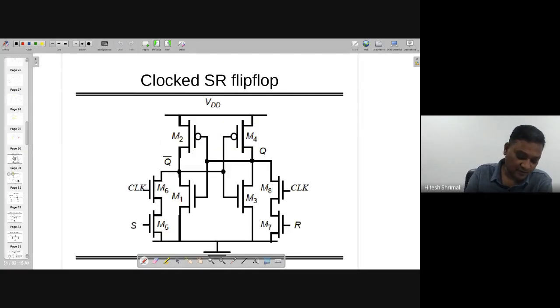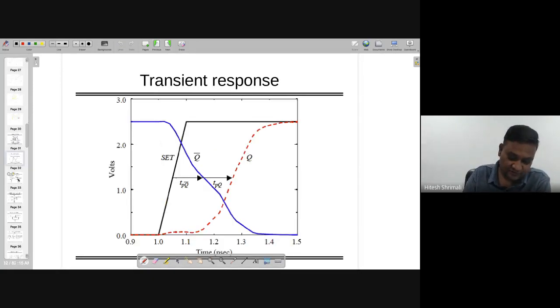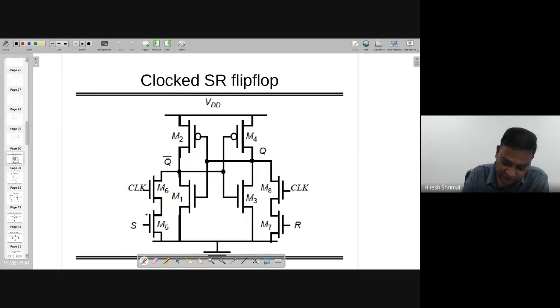Now let's have one simulation where I'm giving the set value, which is this one, going from 0 to 1. Let's assume that this is what I'm doing, and reset is of course 0. I'm doing this, and clock is 1. Note that clock is 1, and this is a flip-flop which is running with the clock always on.